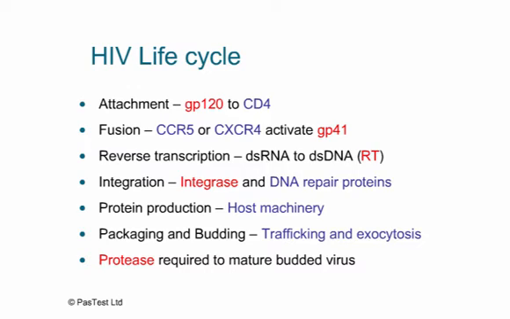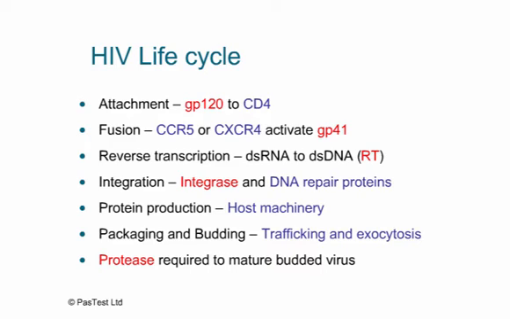Finally, once the mature virus has been budded, the virus proteins themselves are matured by an enzyme called protease, a viral enzyme that's essential for the very final step of viral maturation.